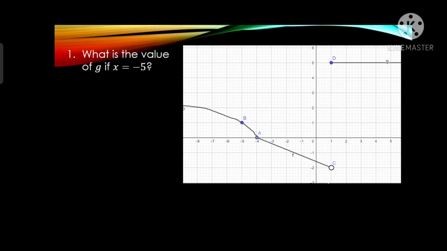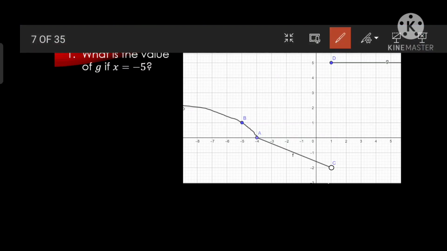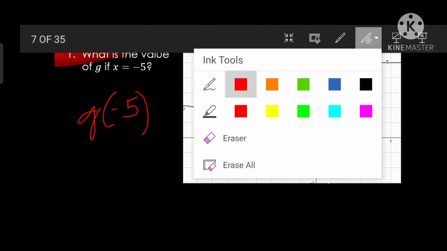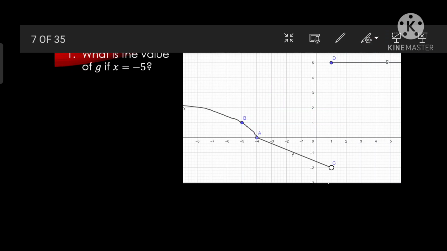Another way of stating this question is, what is g of -5? So how do we find the value of f of x or x given the graph of a function?